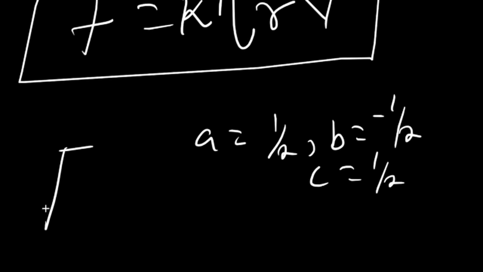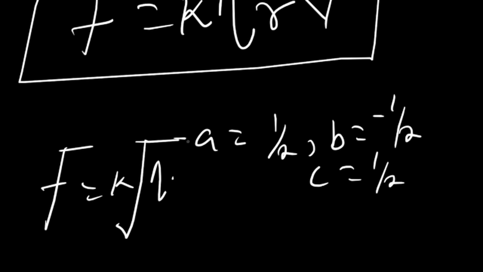You now have something like F is equal to K, then multiply by the square root of viscosity multiplied by the B, which is the radius, and then over, okay? So the radius here is negative, so it is going to go down. So now it's multiplied by the velocity over the radius.